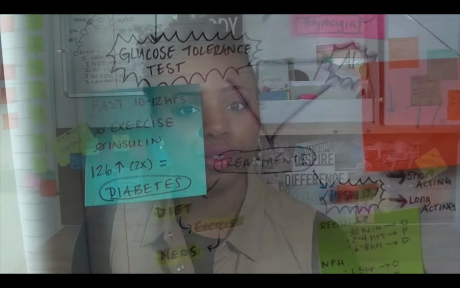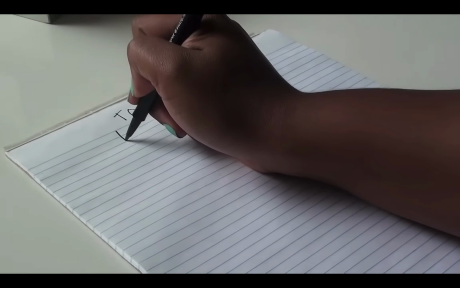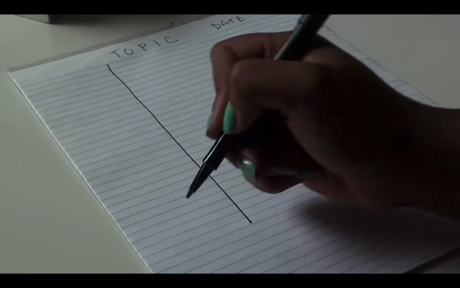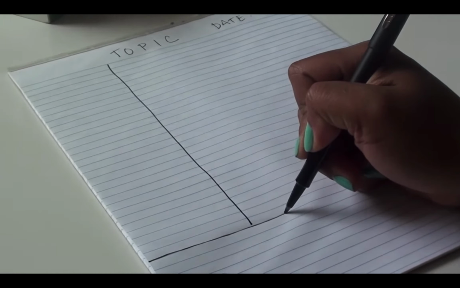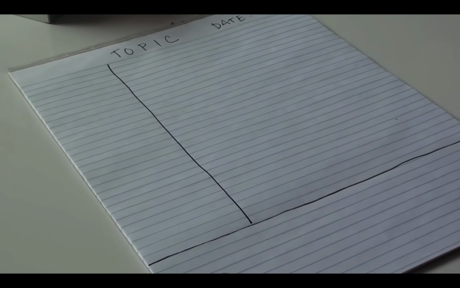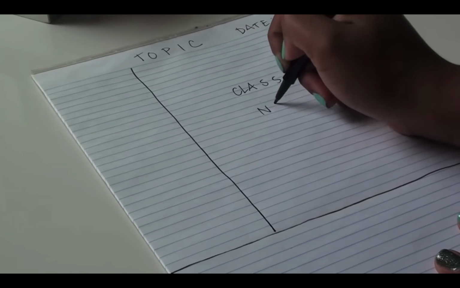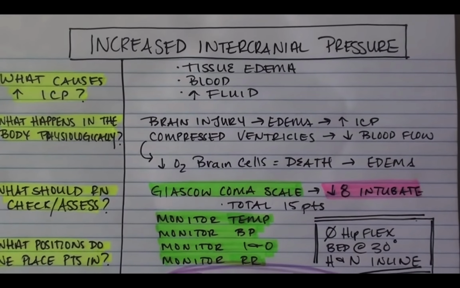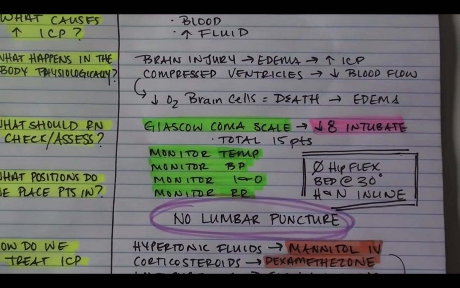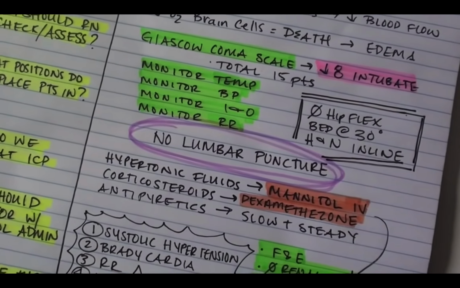The first thing that you're going to want to do is grab a lined piece of paper and you're going to want to divide it into 3 sections, like this. At the top of the page, you're of course going to put today's date and the topic that's being discussed in lecture. The middle section, which is the biggest section, is where you're going to start writing down everything that you feel is important from lecture and from your reading.